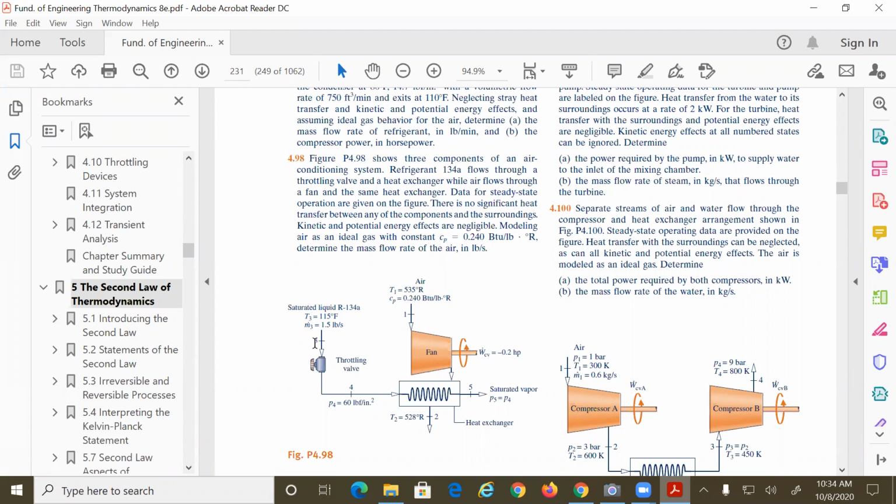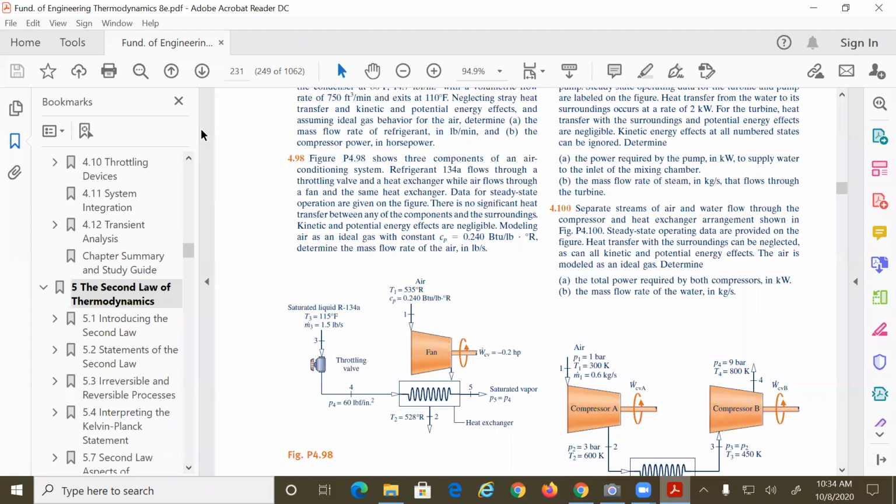So basically on this one, you have saturated refrigerant. Saturated R134A, which is the one, Johnny, you have in your car, at a state of T3 of 115 degrees Fahrenheit, and the mass flow at 3 is 1.5 pounds per second.